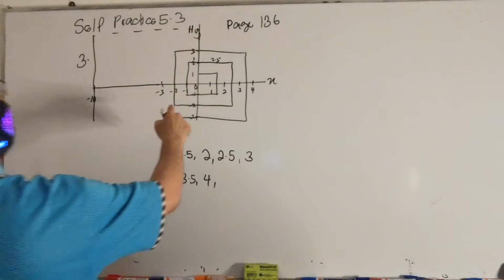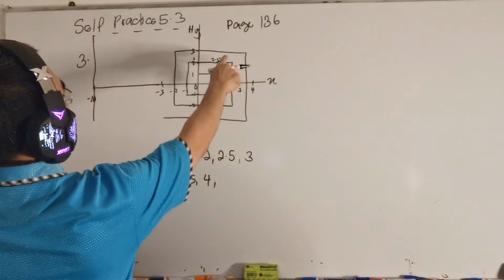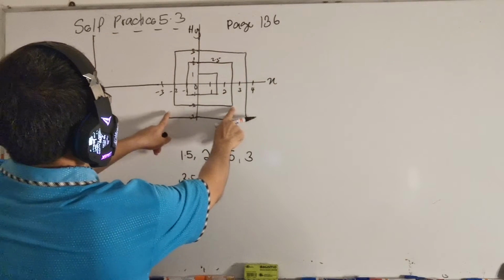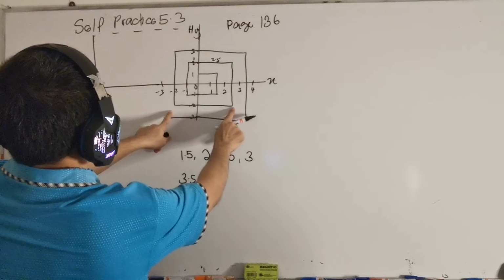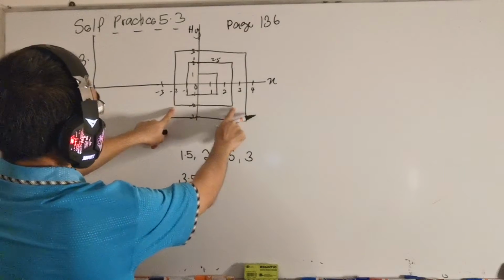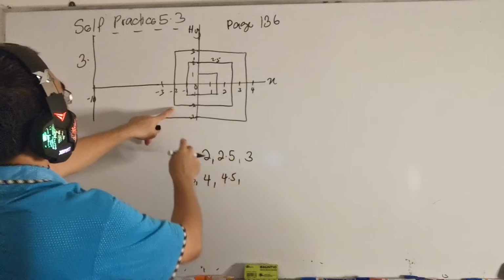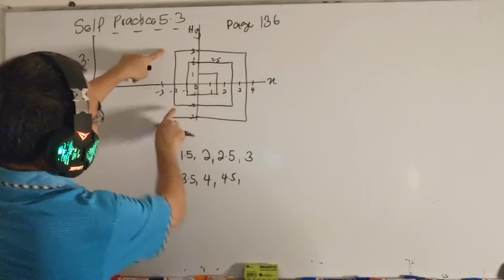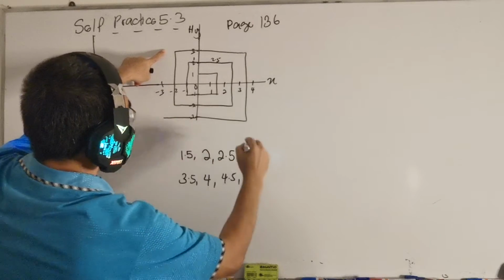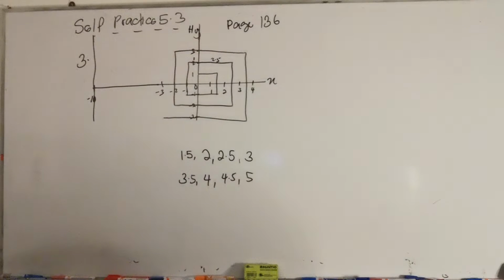Then from 2.5 until 2, it will be 4.5, and then from -2 until here, it goes to 5.